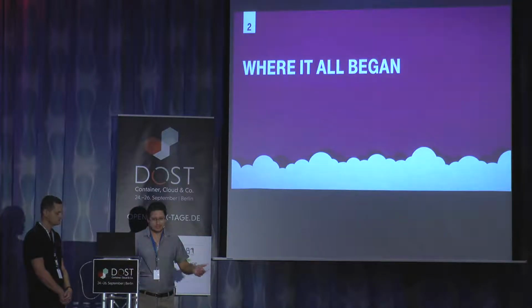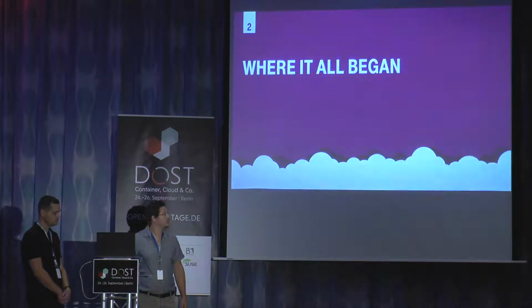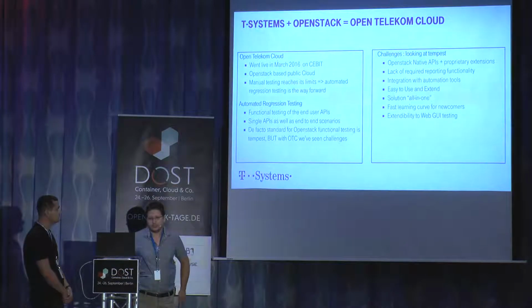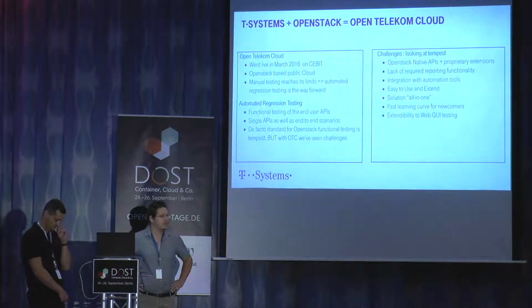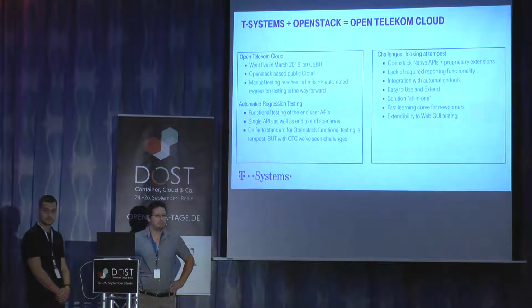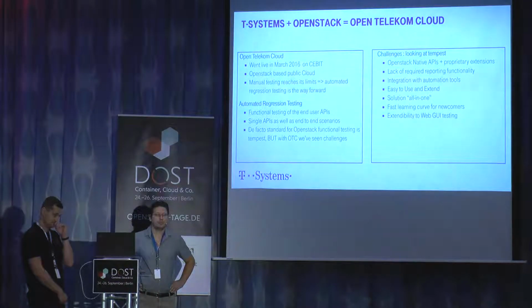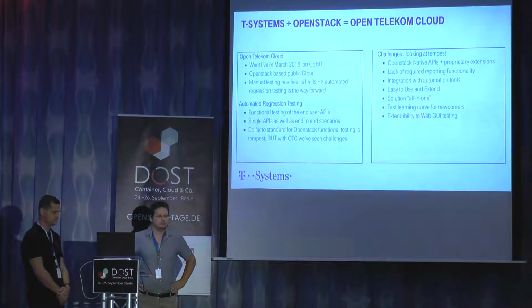Okay, so as already mentioned yesterday, OpenTelekom Cloud offers a lot of really solid features and services, but it all started in March 2016 at CeBIT, where OpenTelekom Cloud was announced, and it came with, I would say, a really good basis of the services we already had at that time: compute, network, storage, identity, orchestration, and of course images and many others.